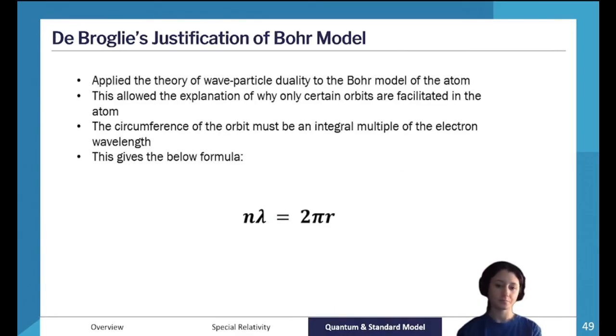All right, now let's get on to de Broglie's justification of the Bohr model. De Broglie applied the theory of wave-particle duality to the Bohr model of the atom, and basically what he showed is that the rotational velocity of the electron was quantized.